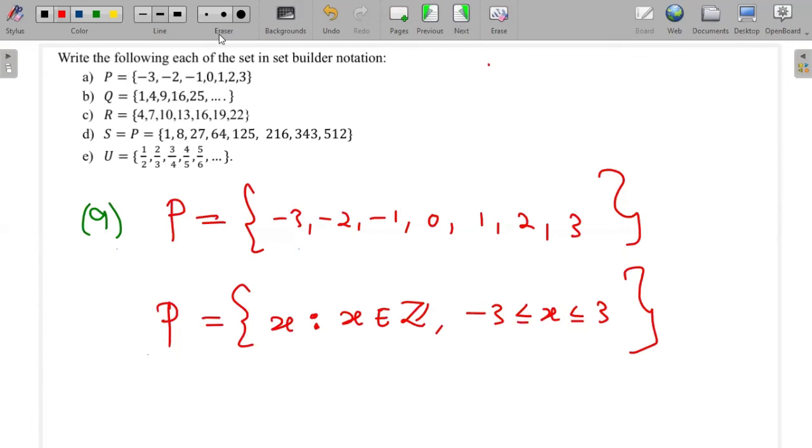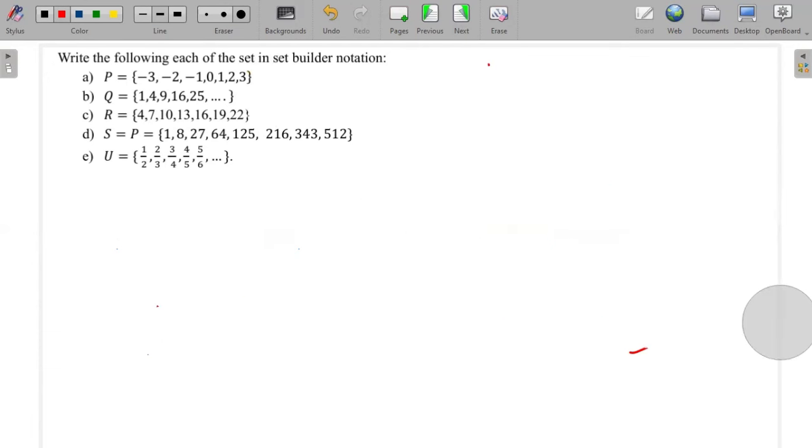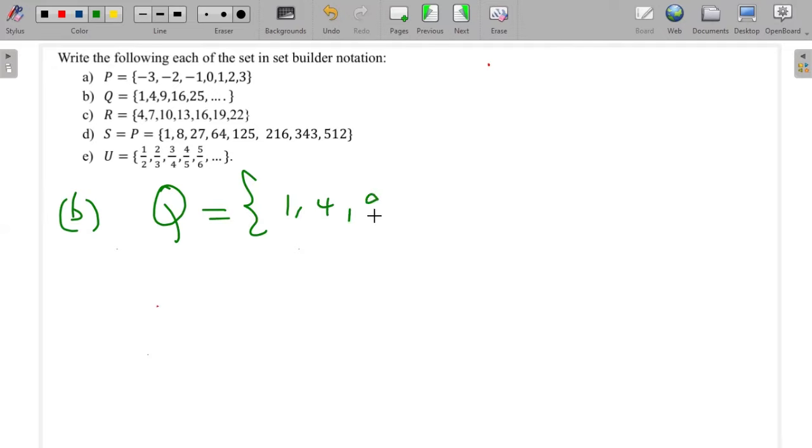Now let's look at B. We always identify a pattern, or the type of set of numbers that we have. Here we have Q, and we've been given 1, 4, 9, 16, 25, and then you can see these three dots.